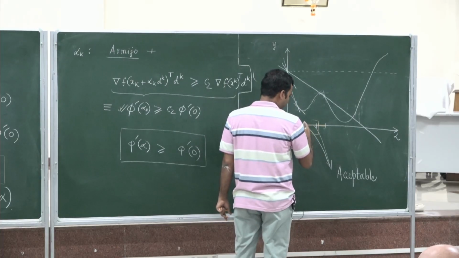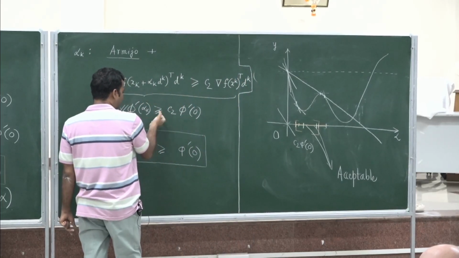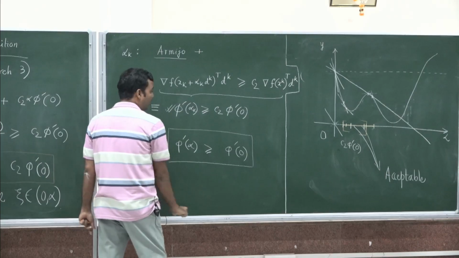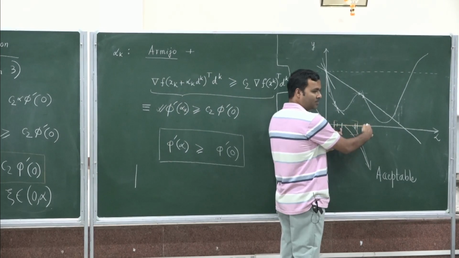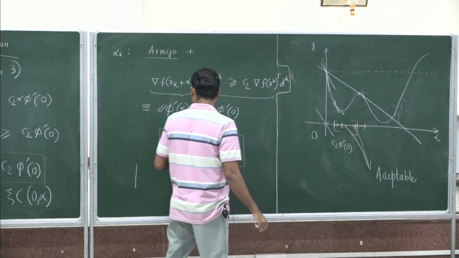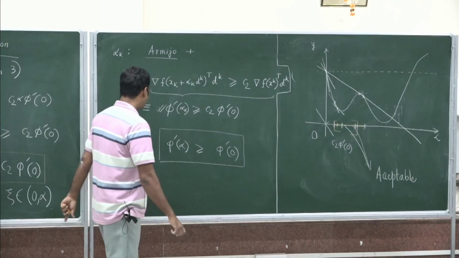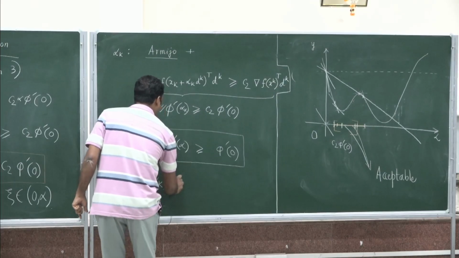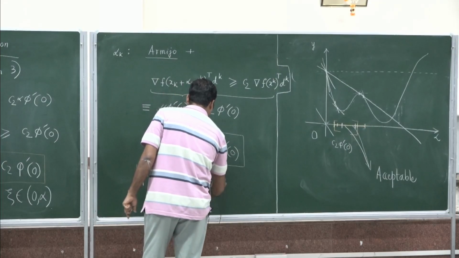In order not to differ much away from the minimizer, people suggested that instead of considering this inequality, you take a safeguard on the other side also. Don't only consider this one, this is just a one-sided inequality, but you consider that the absolute value of phi dash alpha k is less than or equal to minus C2 times phi dash 0.